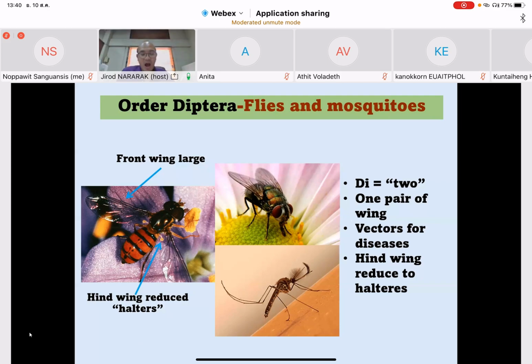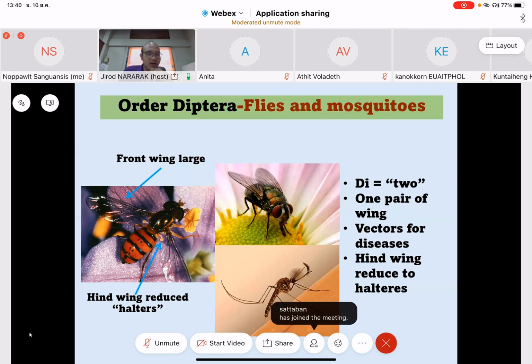Because the hind wings are reduced into a structure we call the halteres. So it's just some kind of evolution of the insect. They used to have four wings in the past, and then they evolved and reduced some.